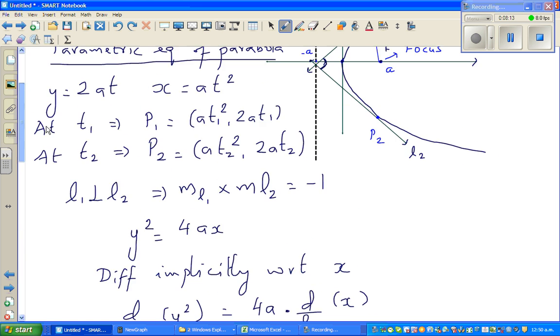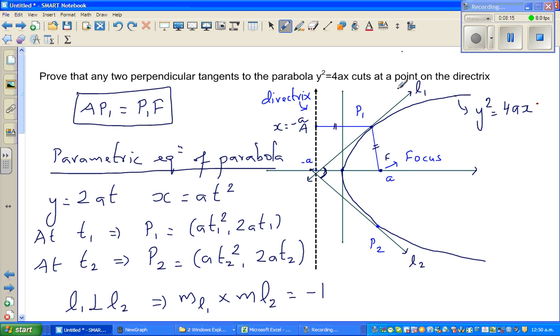If you look at the question, they're telling you the point of intersection should be a point on the directrix. So in other words, you have to prove that the point of intersection is x equals -a. So let us write the equation of L1 and L2.